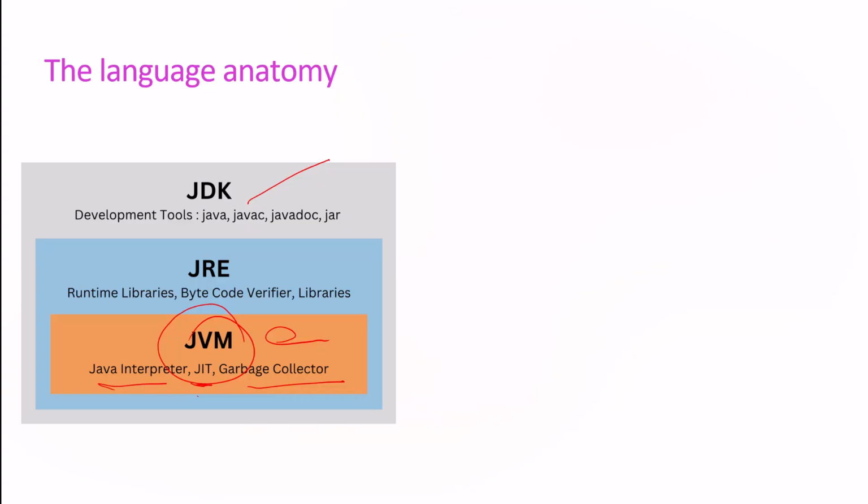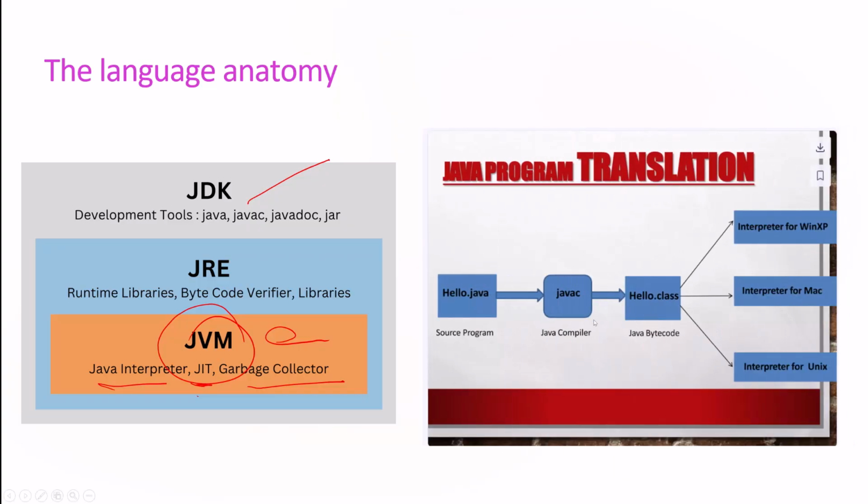So let's look at the processes that a Java program would go through to actually give us a result. When you write your program, let's say hello.java, this is the source code or source program. Then there is a compiler called javac, which is going to compile your code into what we call Java bytecode. It has the .class extension.